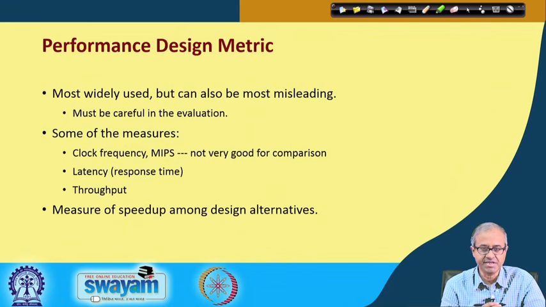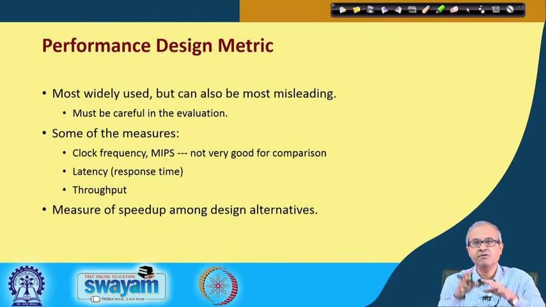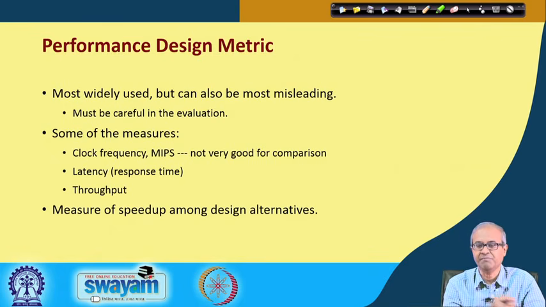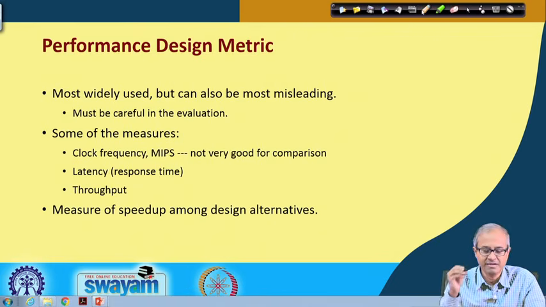And in addition, you have some performance design metrics that you also need to consider. Normally, these are traditionally used for evaluating processor performance, CPU processors. So, the same consideration you can also try to use for an embedded system, but there are a few things you need to remember.